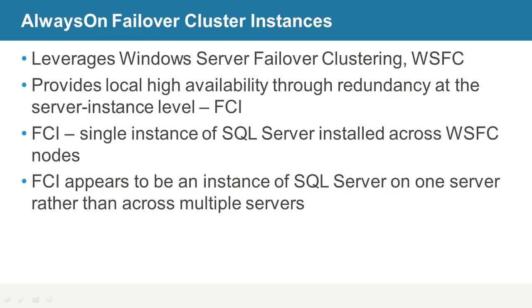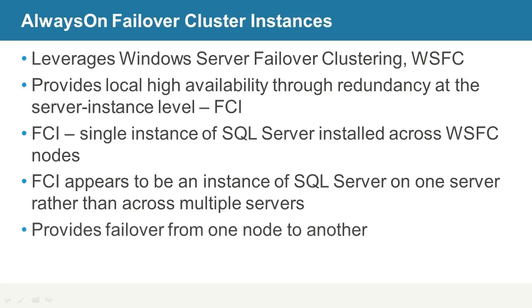So to the clients who are connecting to it, they really don't have any idea that there is anything more than a single server. This provides failover from one node to another. If any node goes down, the instance is running on another server in the cluster, which can then pick up the services in the event that the initial one has failed.